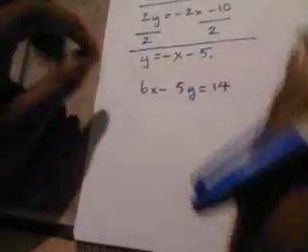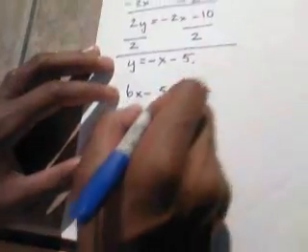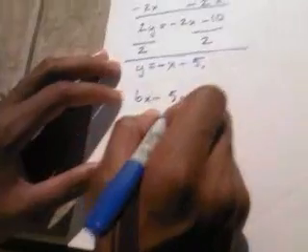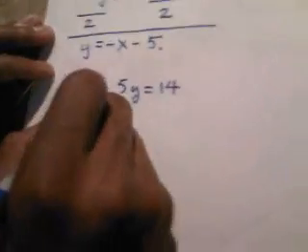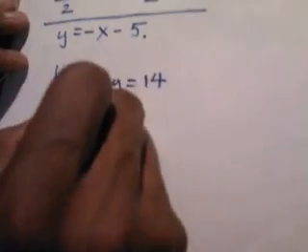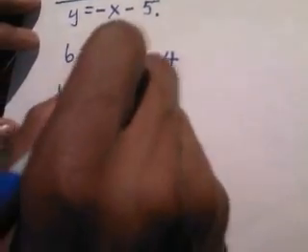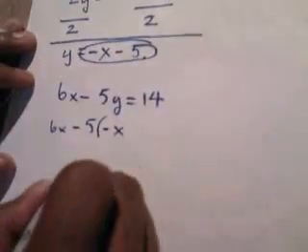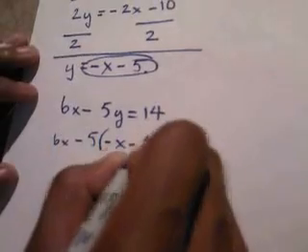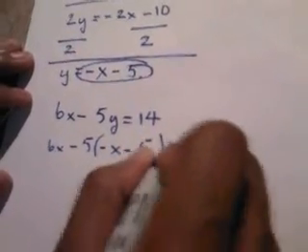This is the part where you substitute. You take the y part in this equation and write 6x minus 5 times that part, which is negative x minus 5, equals 14.